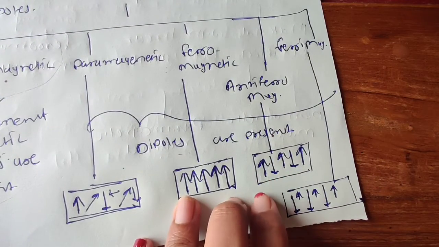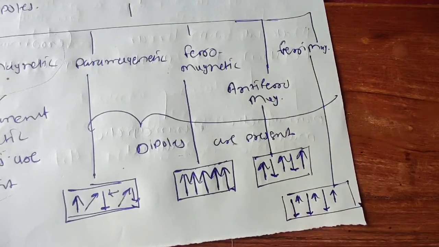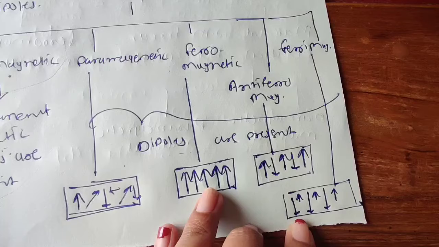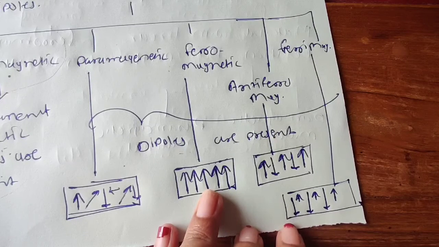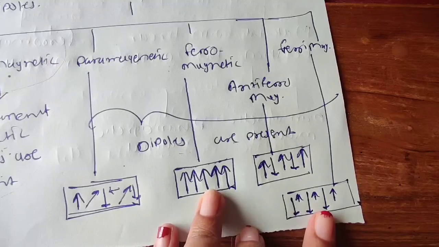Now the last one, ferrimagnetic material. Here the magnetic moment is like given in the diagram. This material is known as ferrimagnetic material. The value of the molecular moment of a ferrimagnetic material is in between antiferromagnetic and ferromagnetic material.